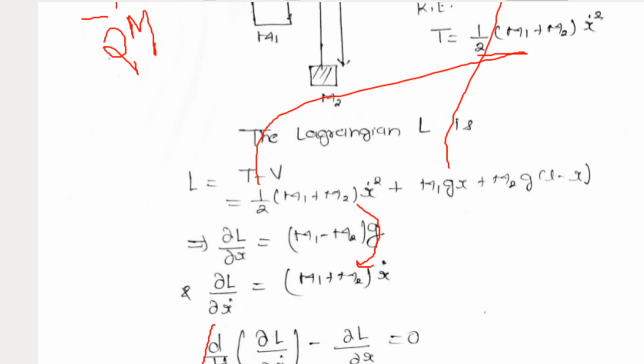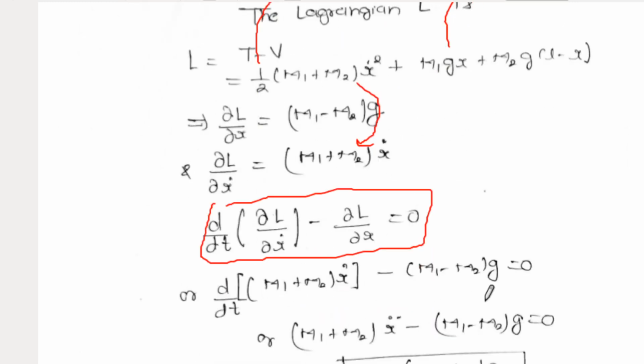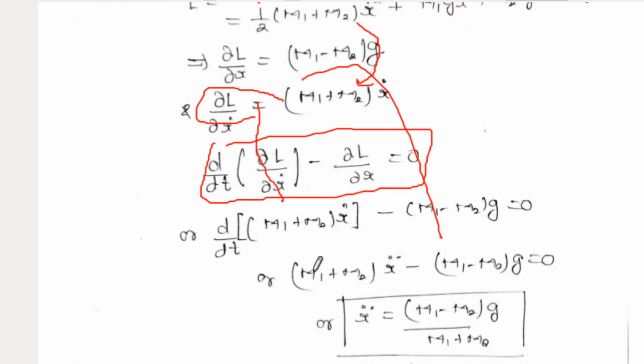Now our Lagrange equation of motion for a conservative system will be this, and now we substitute these two values, right, here and here. So you will get (m1 plus m2) x double dot minus (m1 minus m2) times g equal to 0, and x double dot is (m1 minus m2) upon (m1 plus m2) times g. Now you can consider two cases.